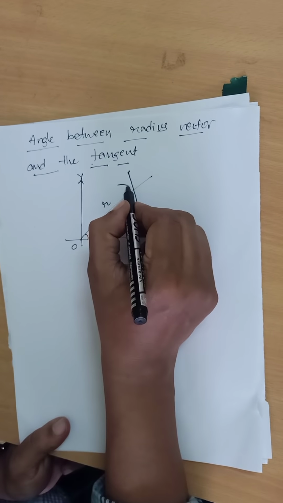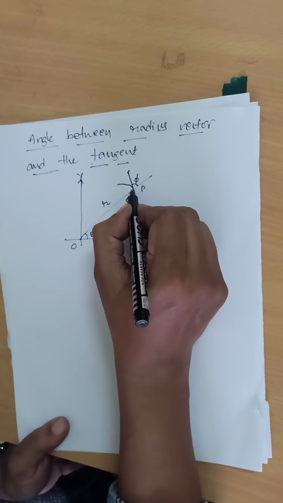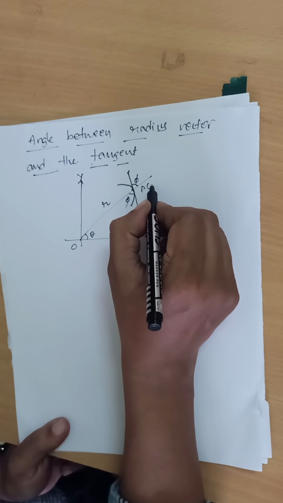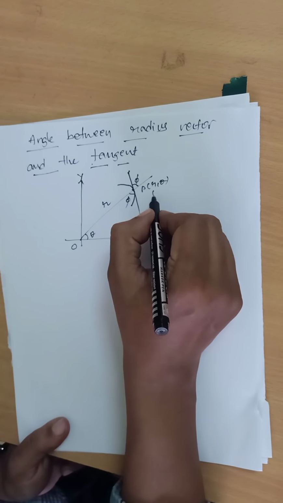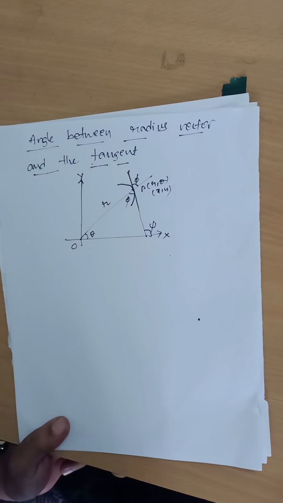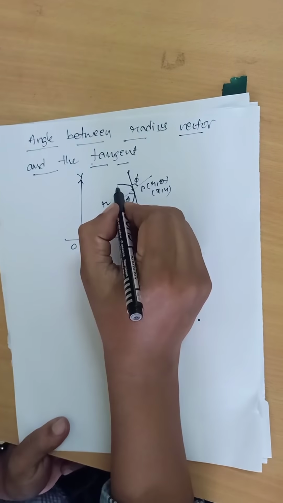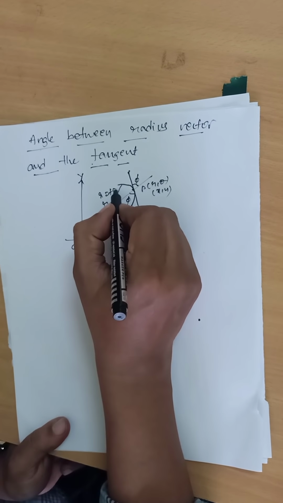Here the polar curve looks like this. This is the tangent, which makes an angle phi. Here also it makes a corresponding angle phi. This point is P of r comma theta or x comma y. This curve is denoted by r is equal to f of theta.